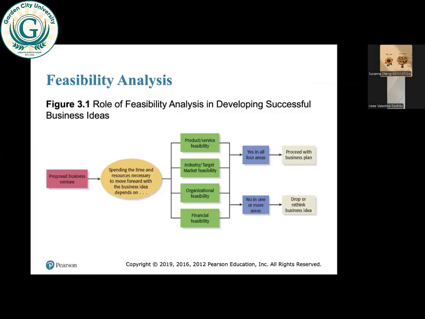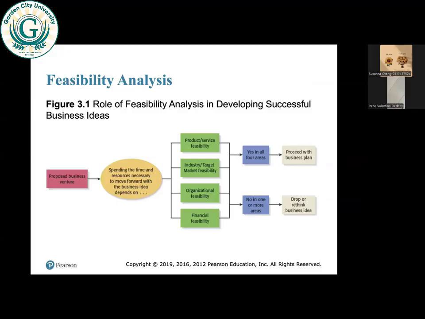Feasibility analysis. Figure 3.1. Role of feasibility analysis in developing a successful business idea. First, proposed business venture. Then, spending the time and resources necessary to move forward with a business idea depends on 1. Product or service feasibility. 2. Industry or target market feasibility. 3.